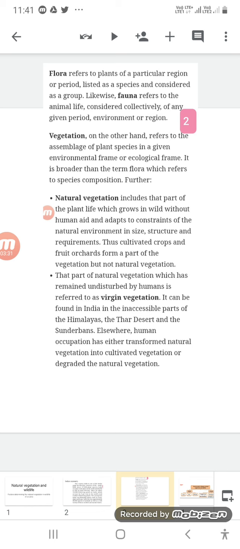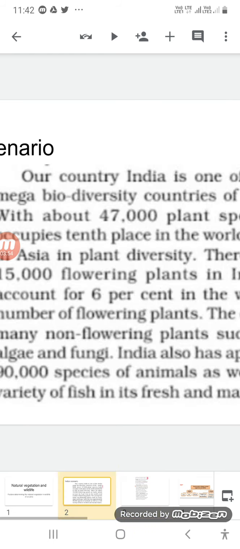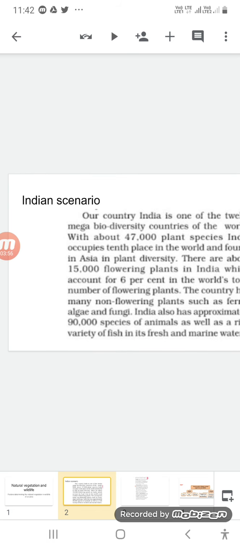Endemic means the plant cover which belongs to our own country, which is Indian in nature. And exotic means the plant cover which is brought from outside, which is not our own, which is not Indian.